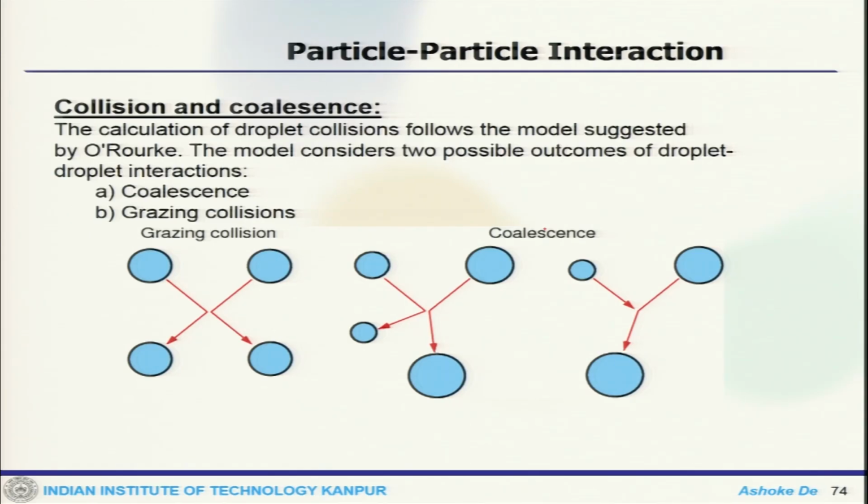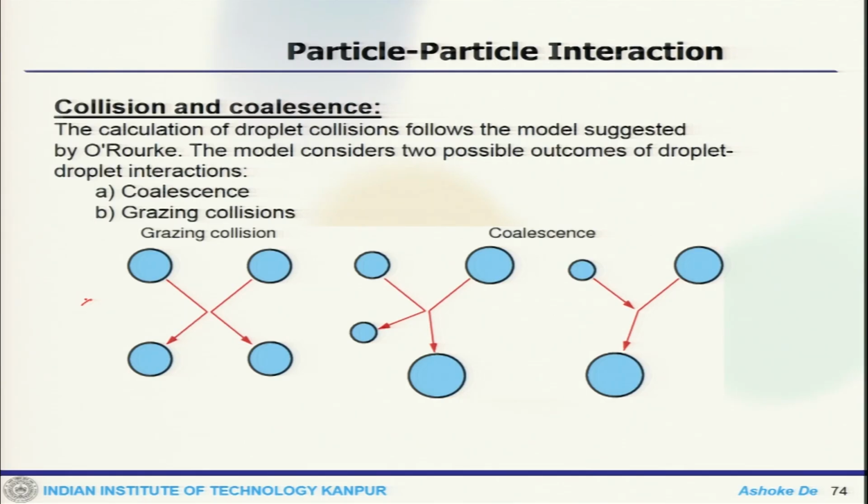Now the diameter, velocity and temperature of the collector drop after coalescence are calculated from mass, momentum and energy conservation. If the original number of droplets in the droplet parcel is lower or equal to n, the droplet parcel is removed from the calculation. Now when you come to the grazing collision, this occurs if the impact parameter is bigger than the critical value. The grazing collisions usually occur between droplets of approximately equal sizes.